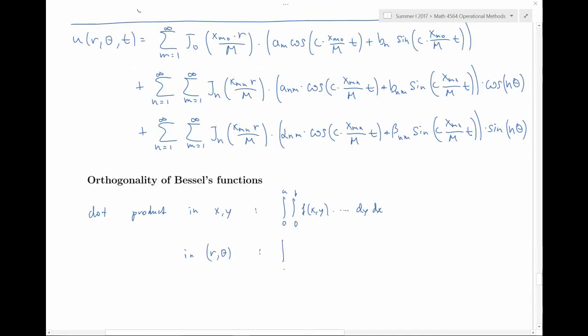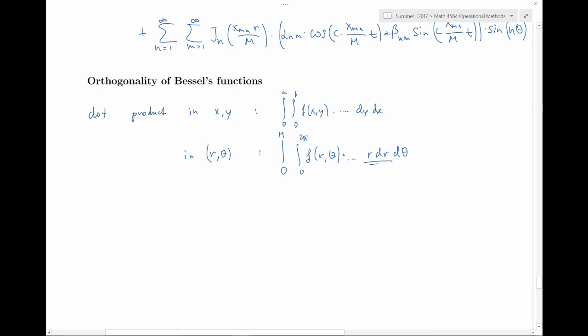The same double integral is going to be turning from a dy dx integral into r dr d theta. And this is something I want to stress a little bit. So here we'll be integrating against the cosine functions and the functions in terms of theta.